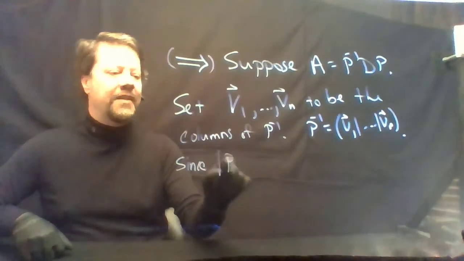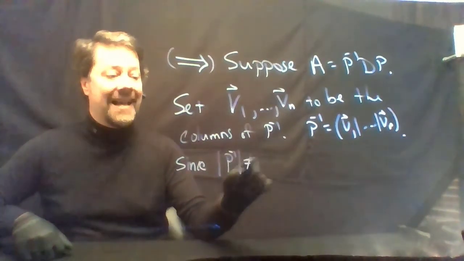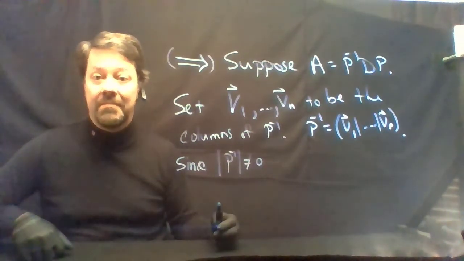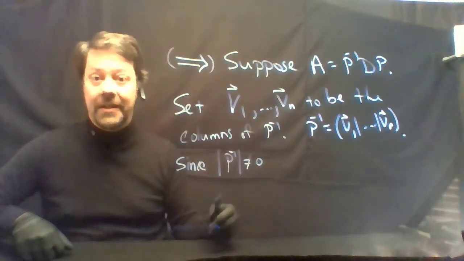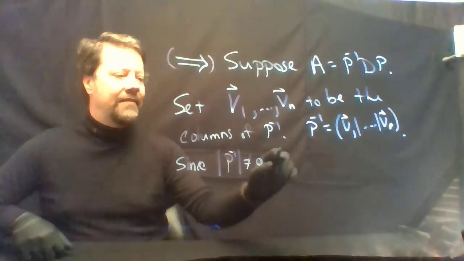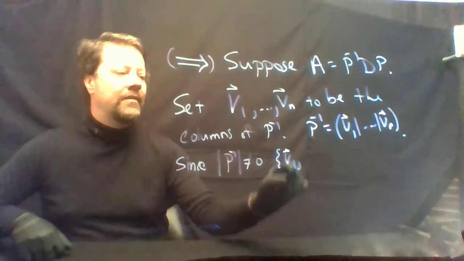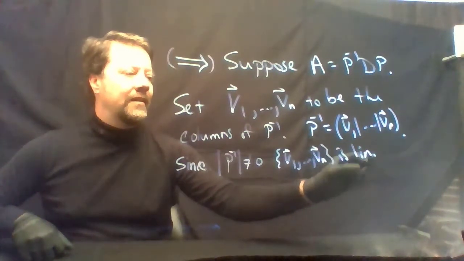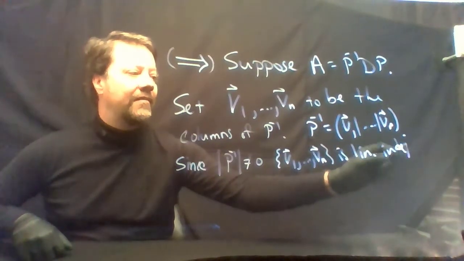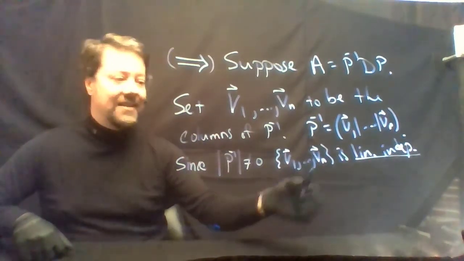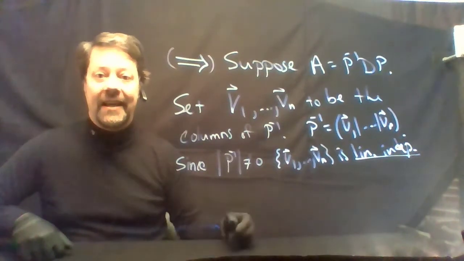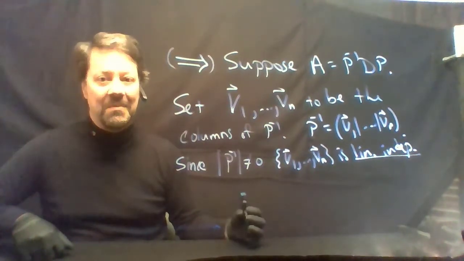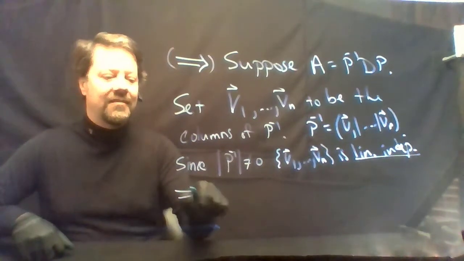Since the determinant of P inverse is not 0, because P inverse is invertible, its inverse is P, this set v1 through vn is linearly independent. And since it has n elements, and they lie in Rn, that implies it's a basis for Rn.